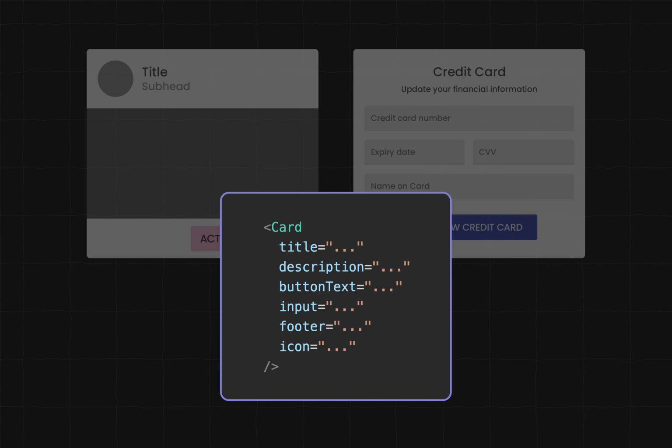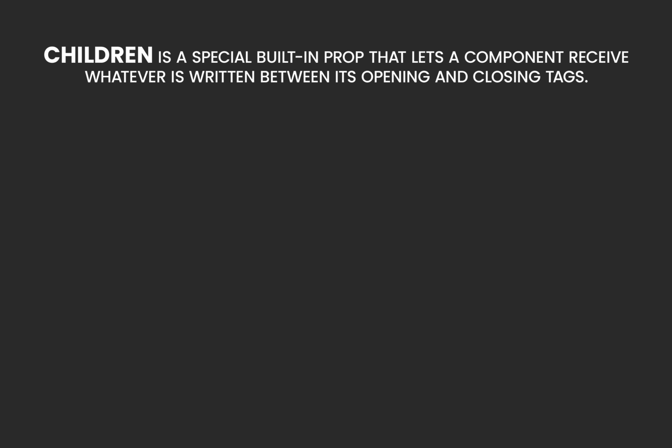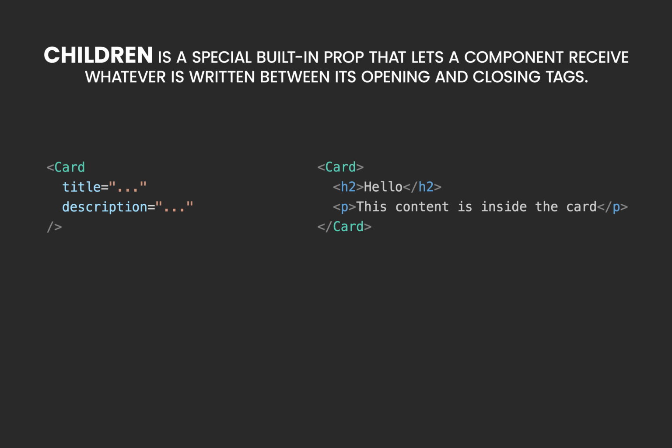And that solution is the children prop. React provides every component with a special built-in prop called children. Whatever you write inside a component's opening and closing tag becomes its children. Instead of passing props like this, we can actually insert complete UI in the component.